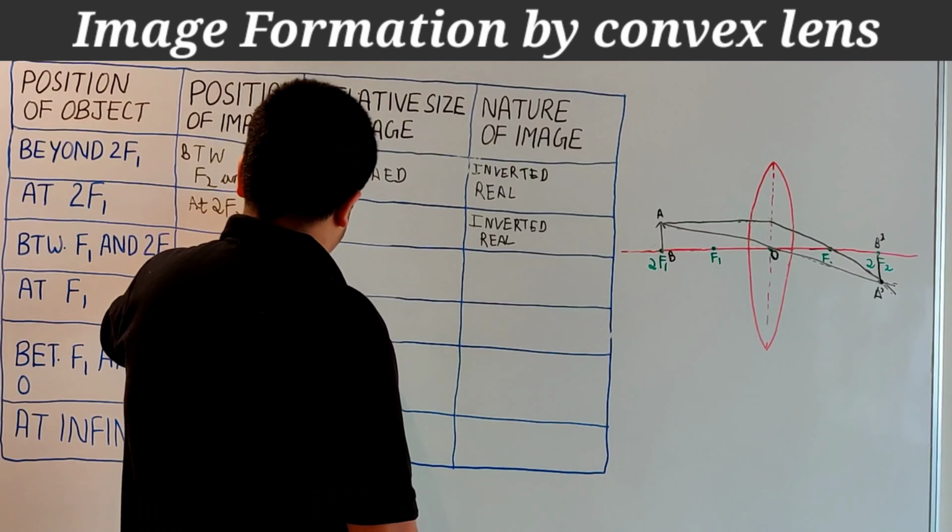Now here you can see that both of these rays are intersecting at this point. If we draw the image, then this will be our image B dash A dash. Here you can observe that this image is quite bigger in size than the object, so it will be enlarged.